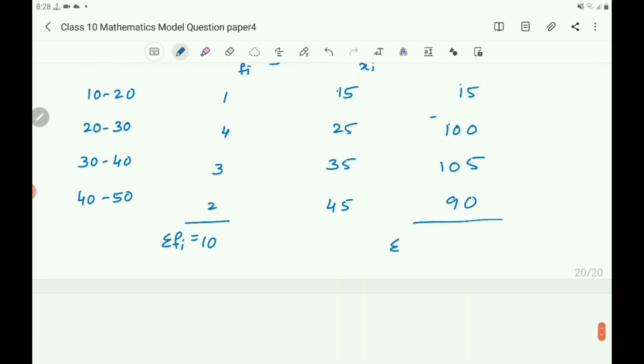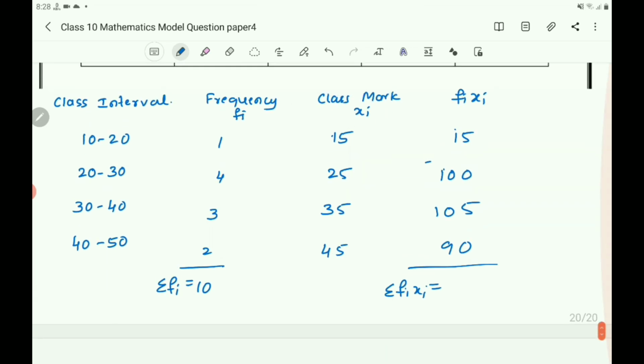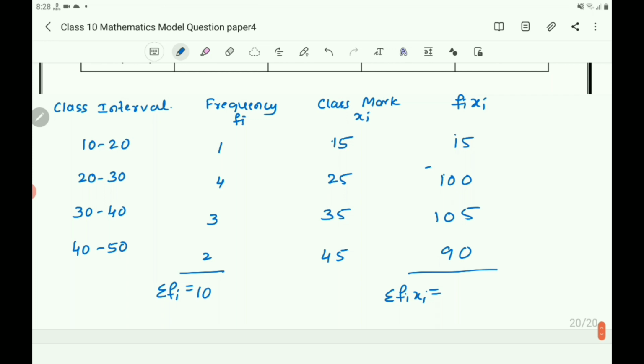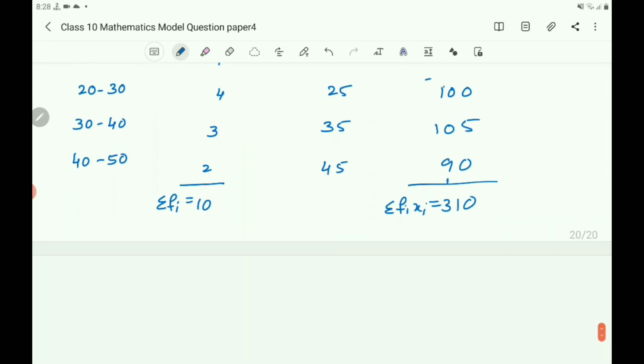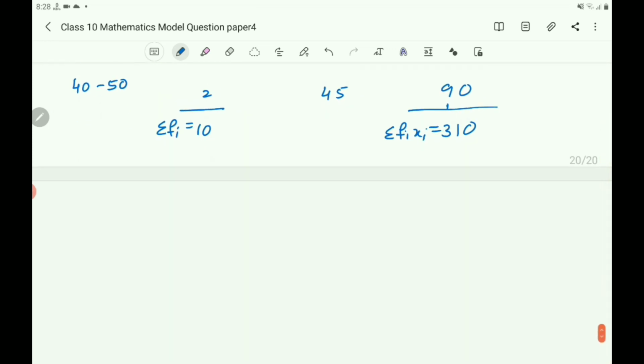So then you get the summation of Fi Xi, the sum of all Fi Xi. Add here: 5 plus 5, 10, 1 carry, 9 plus 1, 10, 10 plus 1, 11, and 310 you will get. Then you write the formula for mean.